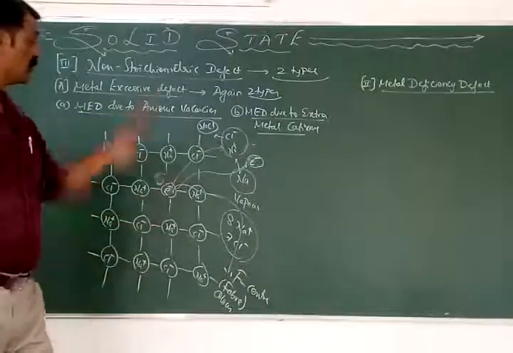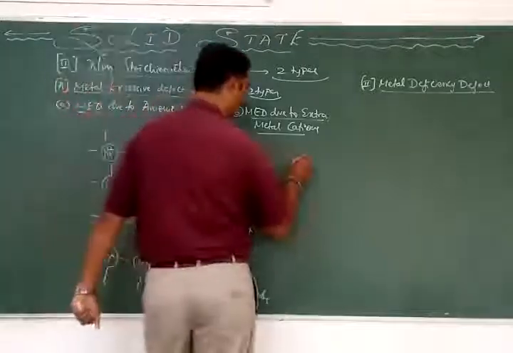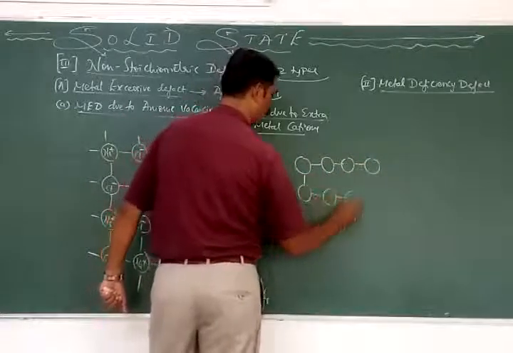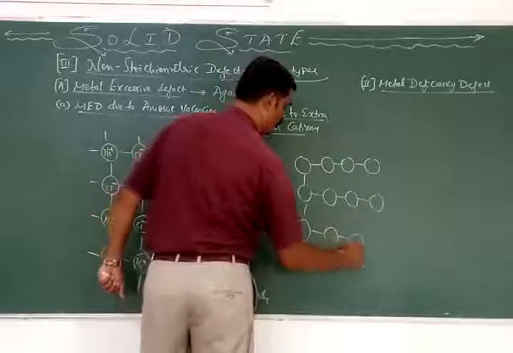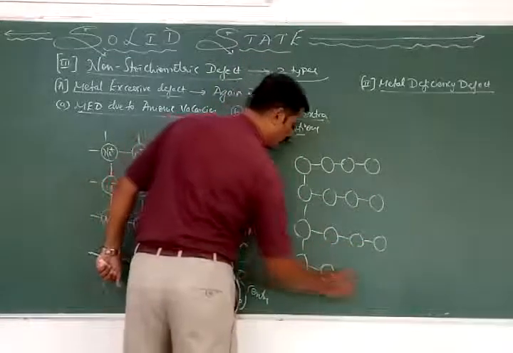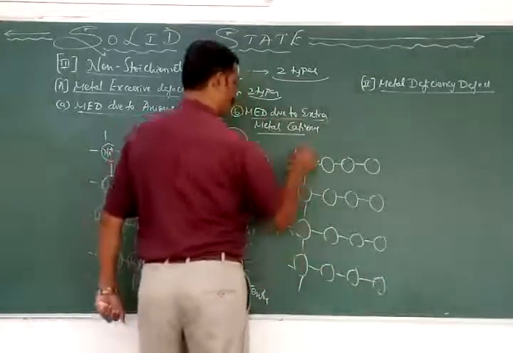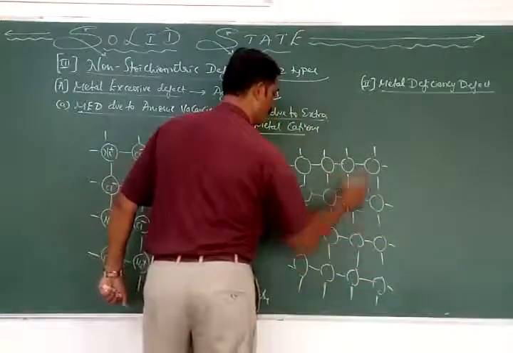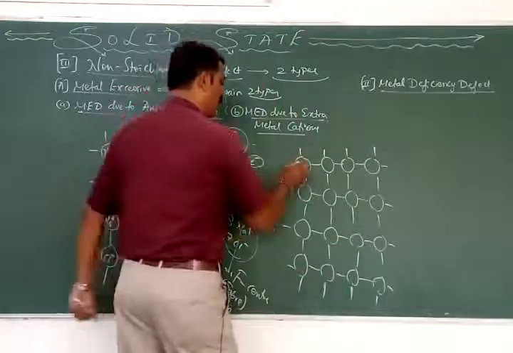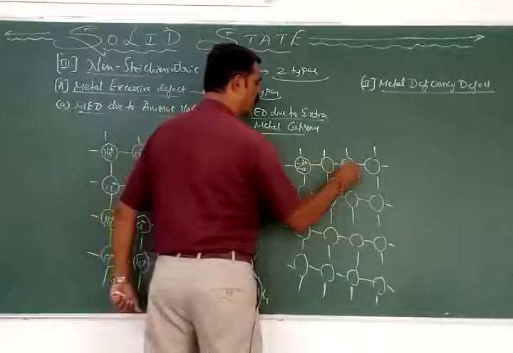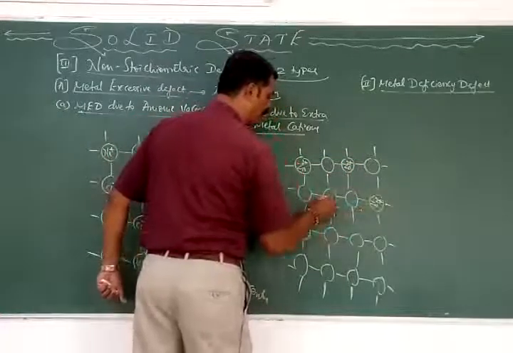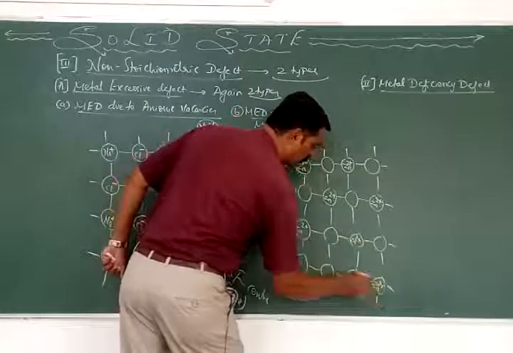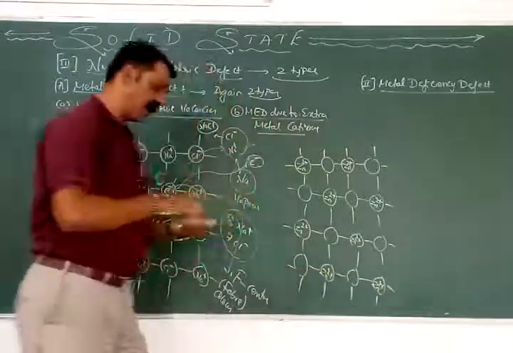Anions are vacating here. Then there is a second one. Here it is Zn2+, Zn2+, Zn2+, and so on: zinc ions, cations.